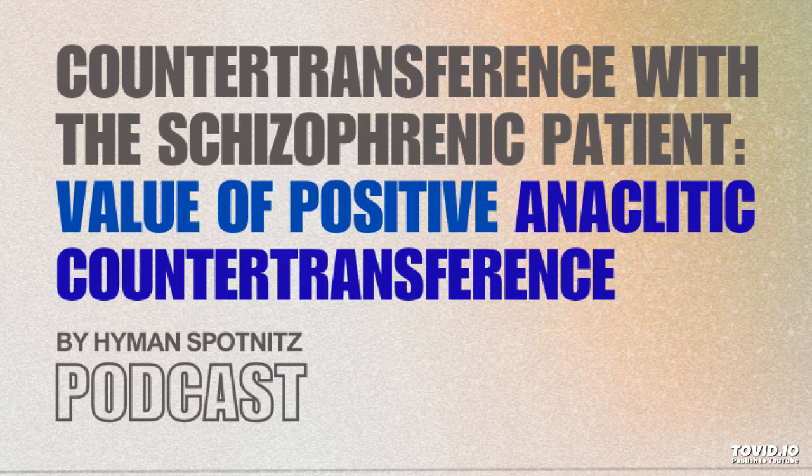And the crucial conclusion here, from Spotnitz's perspective, is that the schizophrenic patient fundamentally requires the therapist to sense, process, and ultimately return the full range of feelings necessary for mature adulthood, especially that feeling of being loved, the positive anaclitic effect. The therapist needs the patient's cooperation, yes, of course, but primarily they need the emotional capacity themselves to somehow transcend the often devastating impact of the intense negative feelings the patient brings into the room.